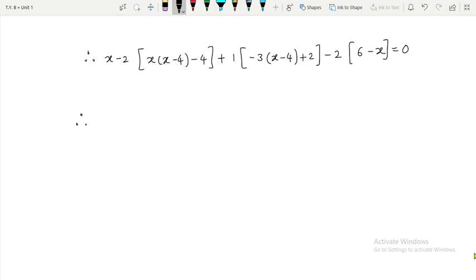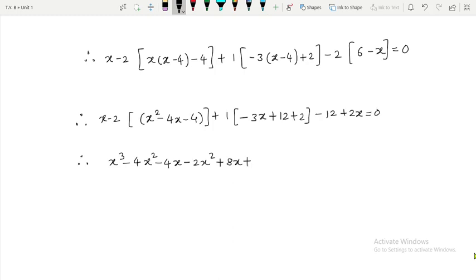And therefore now again take the product, it will be x cube minus 4x square minus 4x minus 2x square plus 8x, and it will be plus 8. This will be minus 3x plus 12 plus 2 minus 12 plus 2x is equal to 0.